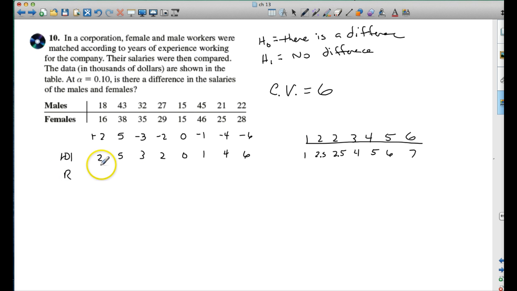The ranking of this 2 is 2.5. The ranking of 5 is 6. The ranking of 3 is 4. The other 2 is 2.5. The 0 we ignore. 1 is 1. 4 is 5. And 6 is 7.